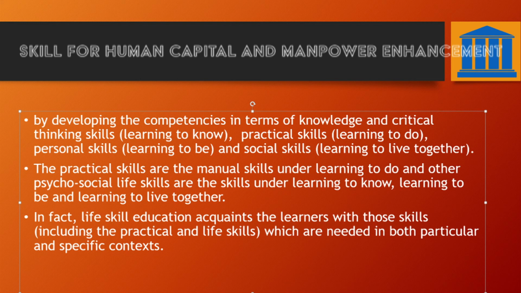So practical skills are the manual skills under which learning is related to learning to do, and other psychosocial life skills are the skills under learning to know, learning to be, and learning to live together. In fact, life skills education equips the learners with those skills, including practical and life skills, which are needed in both particular and specific contexts.